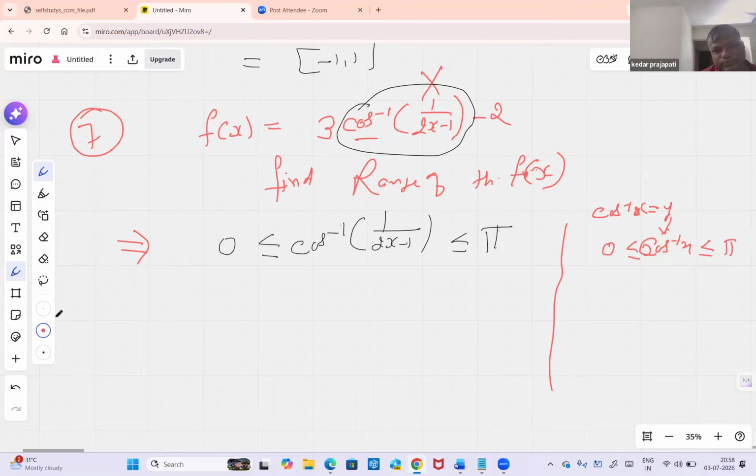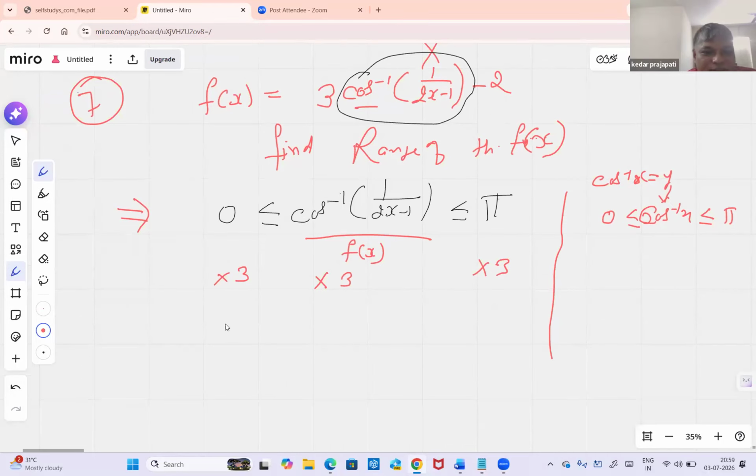Now tell me what we will do. Can you guess? I want to get f of x here. So first I have to multiply by 3 and then subtract 2. So what I am doing is multiplying by 3 this also and this also.